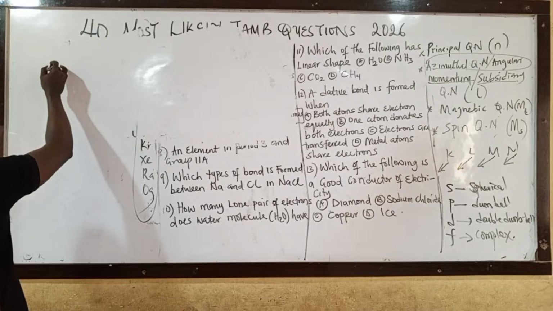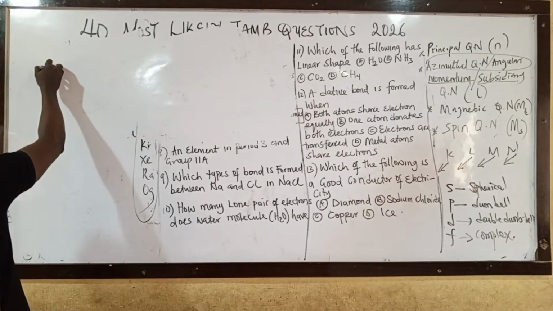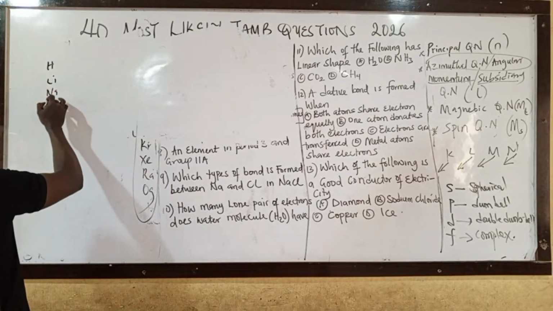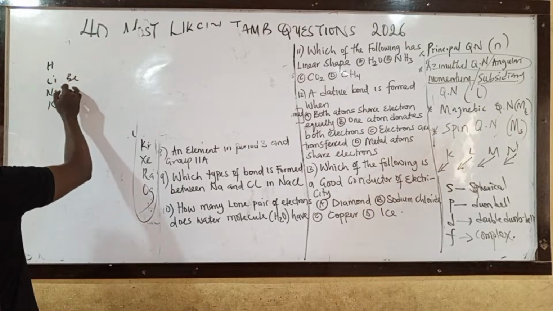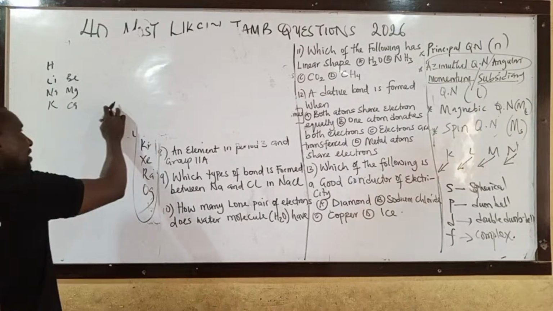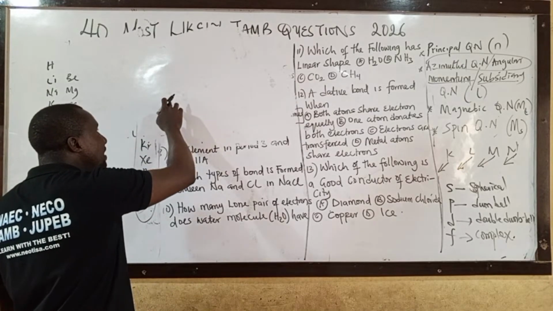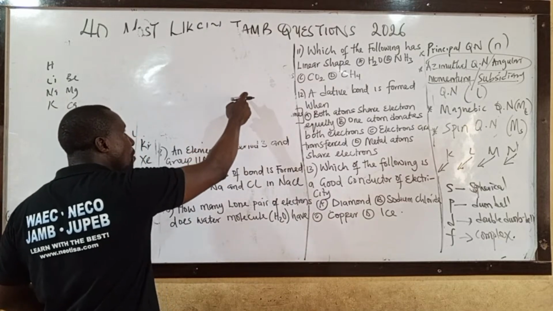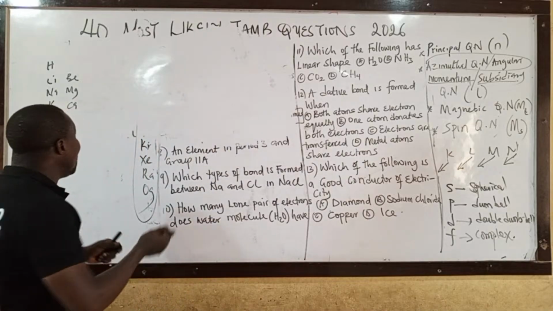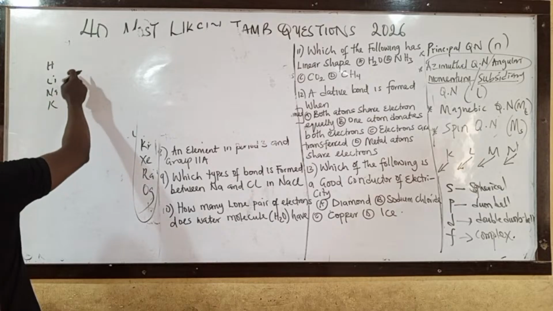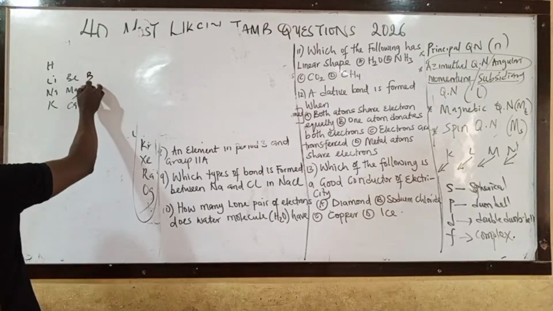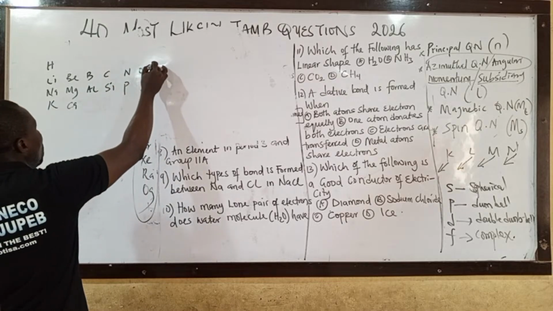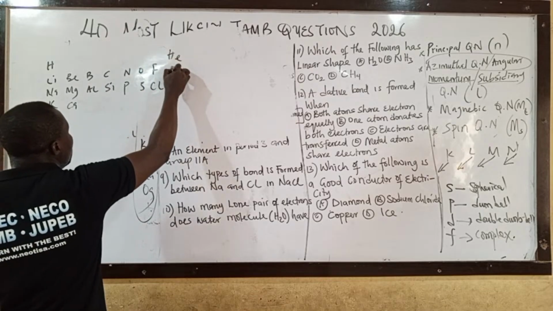That means when you have hydrogen, lithium, sodium, potassium, beryllium, magnesium, calcium, scandium, titanium, vanadium, chromium, manganese, iron, cobalt, nickel, copper, tin, then boron, aluminium, gallium, carbon, silicon, nitrogen, phosphorus, oxygen, sulfur, fluorine, chlorine, helium, neon, argon, from the periodic table.